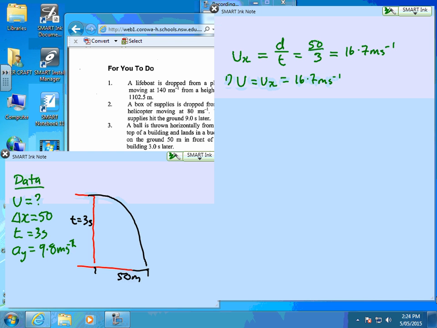Then I was asked to work out what my question 2 was, to find UX, which I've already done, see above. Question 3 was to find UY. Because it's thrown out horizontally, how is U equal to UX? Because in this case only, it was thrown directly off the building.